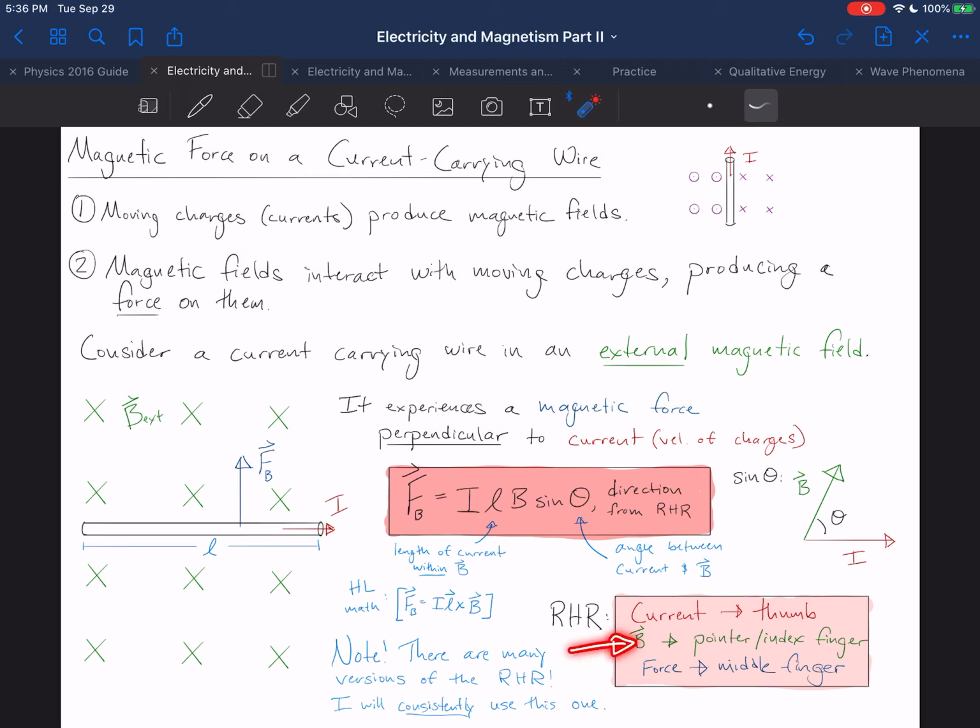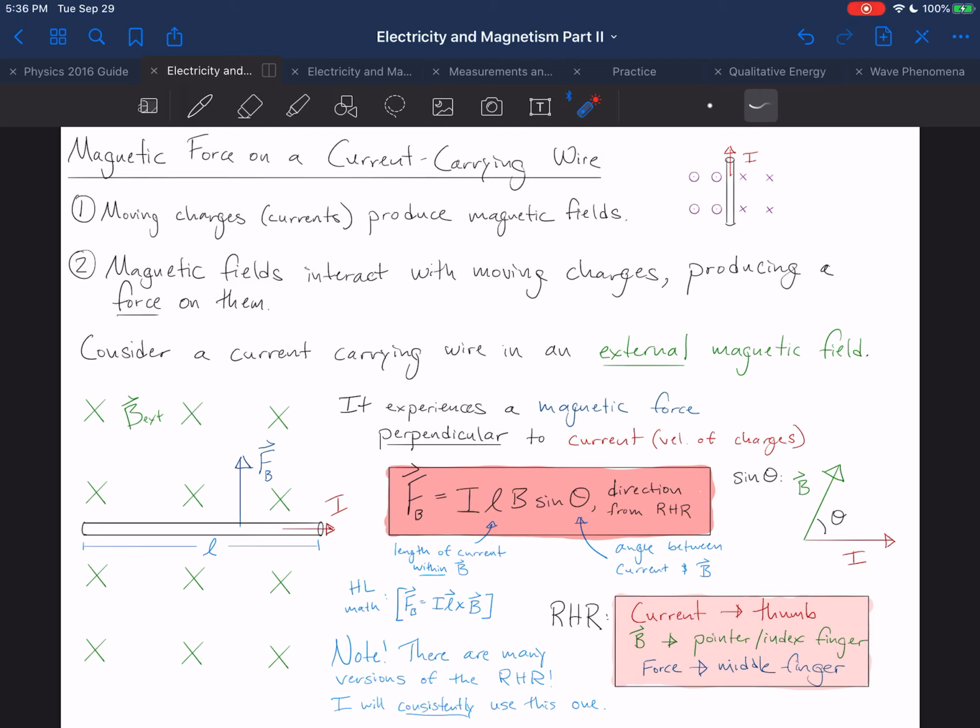Then you use your pointer or index finger to point in the direction of the magnetic field. So thumb in the direction of the current, index finger of your right hand in the direction of the external magnetic field. Then finally, your magnetic force is in the direction of your middle finger, crooked out, bent at the second joint so that it points away from the rest of your hand.